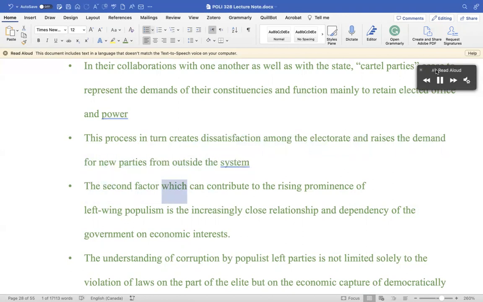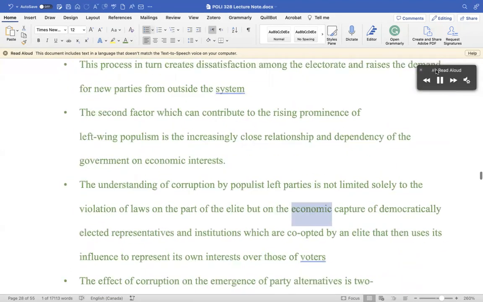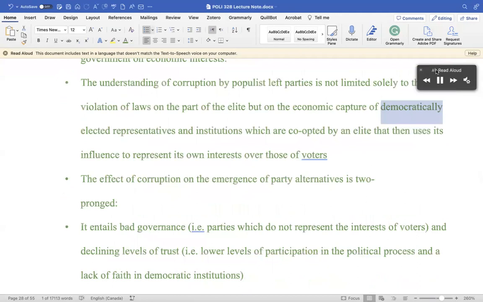The second factor which can contribute to the rising prominence of left-wing populism is the increasingly close relationship and dependency of the government on economic interests. The understanding of corruption by populist left parties is not limited solely to the violation of laws on the part of the elite, but on the economic capture of democratically elected representatives and institutions which are co-opted by an elite that then uses its influence to represent its own interests over those of voters.